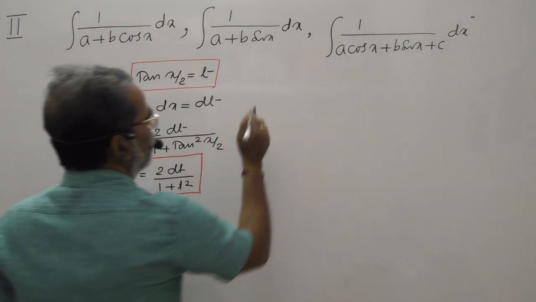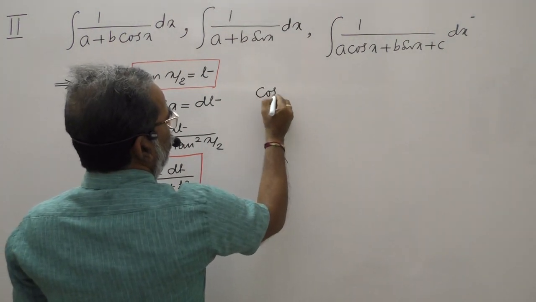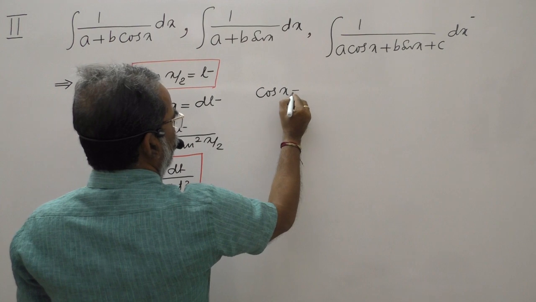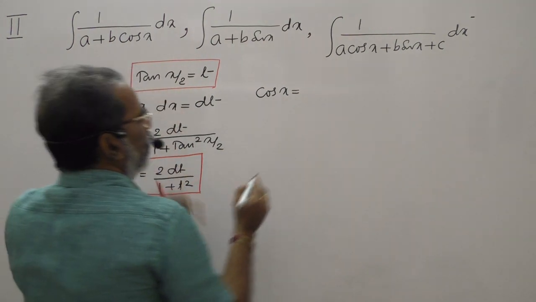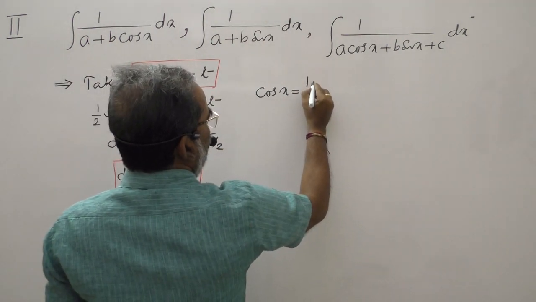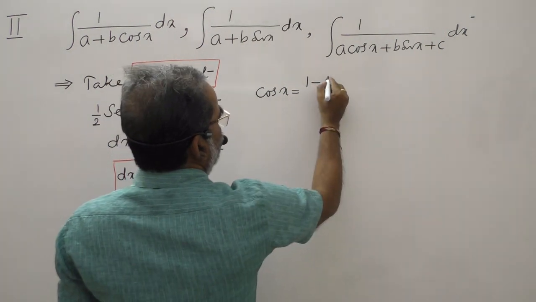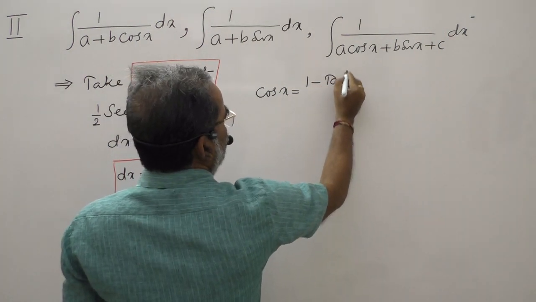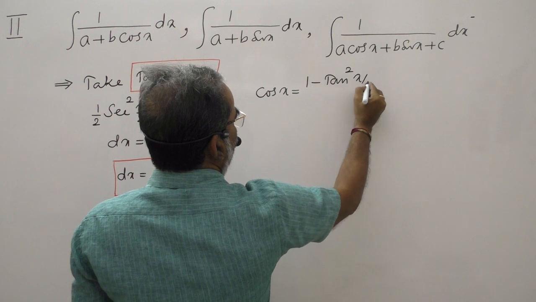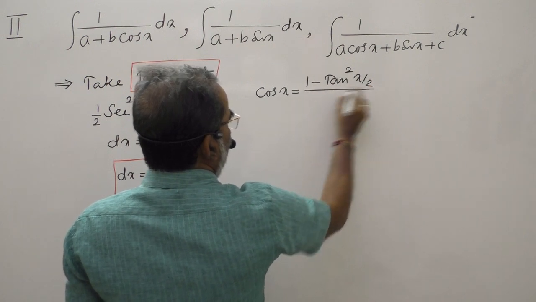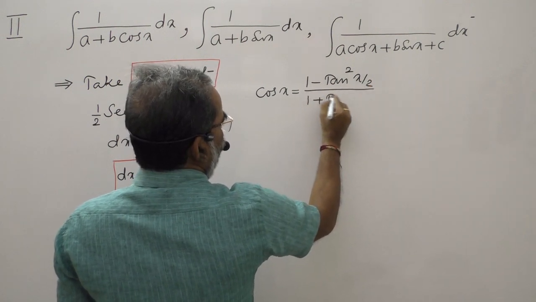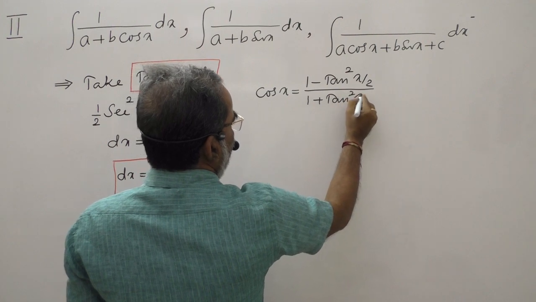Similarly, if cos is there, cos can be changed to t. We know tan x by 2 equal to t. We have a formula: cos x is equal to 1 minus tan square x by 2 divided by 1 plus tan square x by 2.